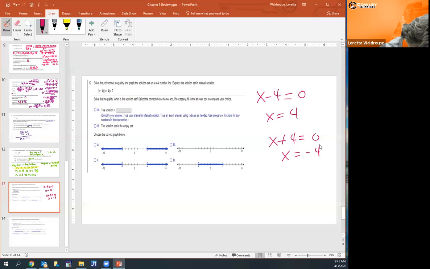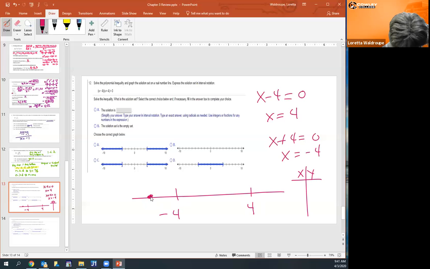So when you think of a number line, we have negative 4 and 4. We need to determine what it does in each area. So if I do a little XY table over here and pick a value from over here, let's say negative 5.